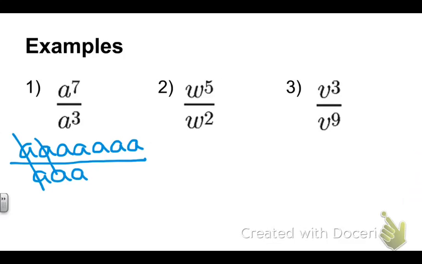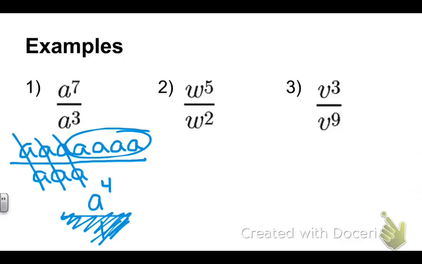So if you look, I'm left with a times a times a times a, which is a to the 4th, and there's nothing on the bottom, nothing but 1. But we don't use that over 1 because anything divided by 1 is that original number. So it's a to the 4th.